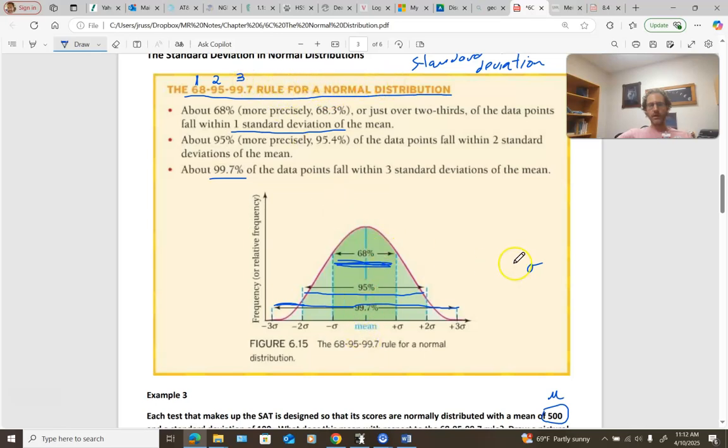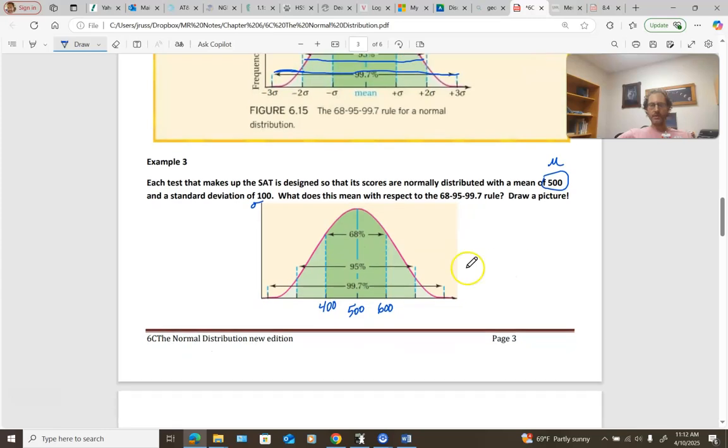Now using this rule, 95% of the scores are going to fall within 2 standard deviations of the mean. Well, 2 times 100 is 200. So 200 above the mean would be 700, and 200 below the mean would be 300.